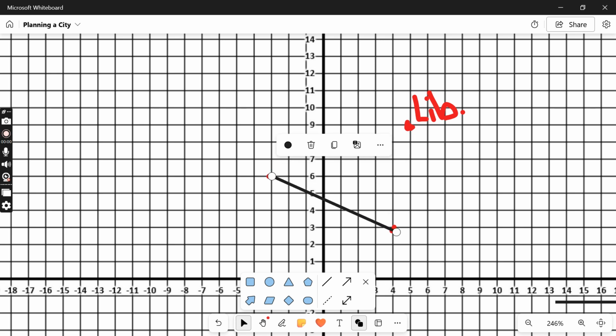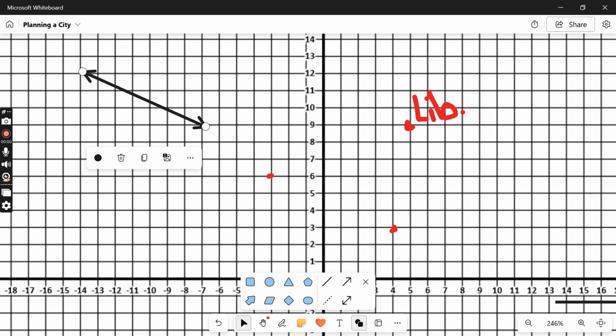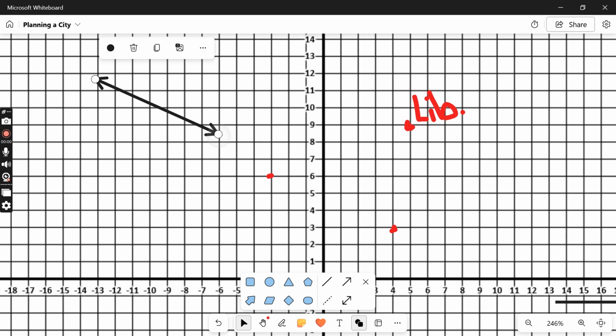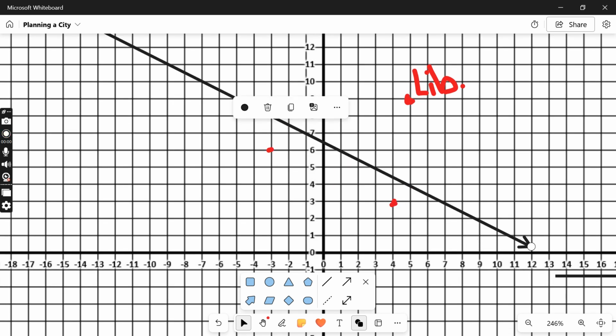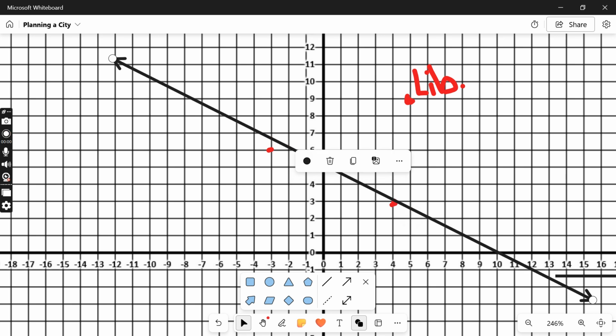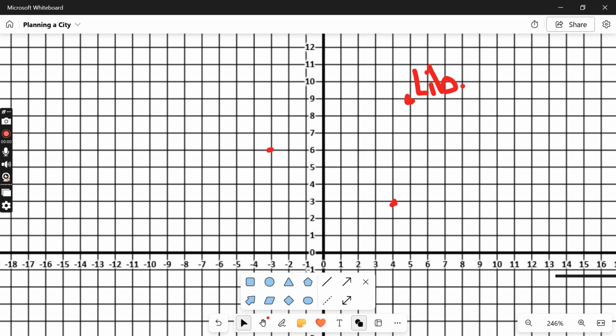That's not what I want to do. I'm not just drawing it like this and putting arrows. My line should go all the way through. There it goes. My line should go all the way through my entire grid. So I would connect my points, use a straight edge, draw your line.